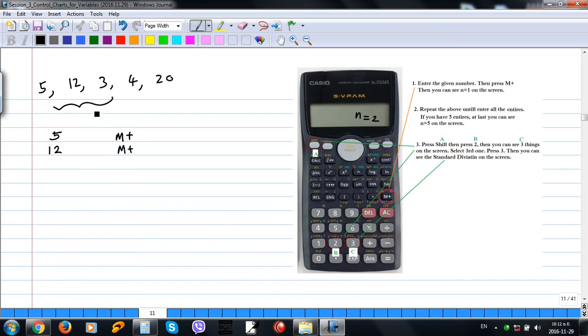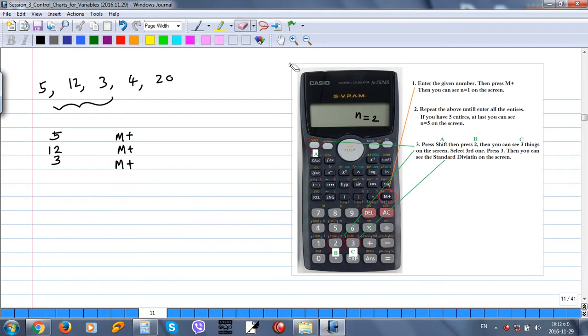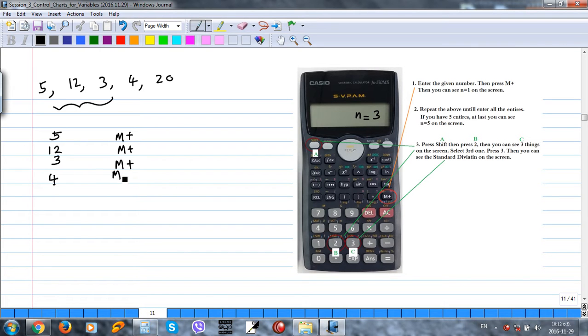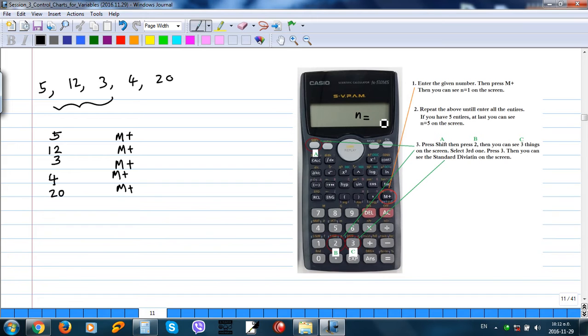Then add 3, M plus, and you can see n equals 3. If n gradually increases when you press M plus, it means you are inputting the values correctly. Then add 4, M plus, and 20, M plus. Finally you can see n equals 5. It means if there are 5 entries, you see n equals 5, so you added the entries to your calculator correctly.